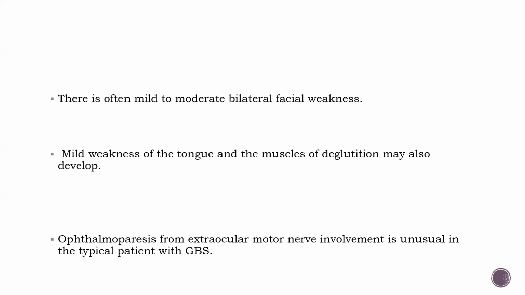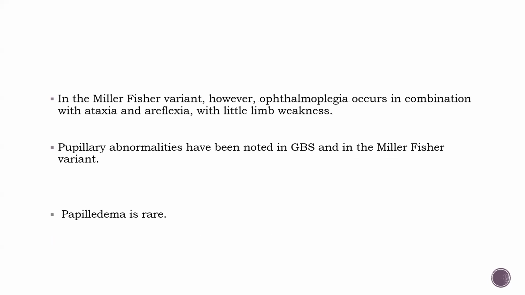Ophthalmoparesis from extraocular motor nerve involvement is unusual in a typical patient with GBS. In the Miller-Fisher variant, however, ophthalmoplegia occurs in combination with ataxia and areflexia with little limb weakness. Pupillary abnormalities have been noted in GBS and in the Miller-Fisher variant. Papilledema is rare.